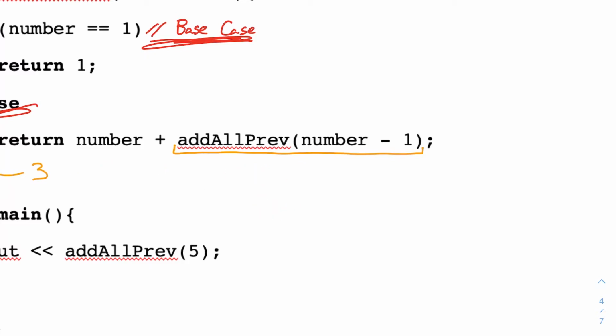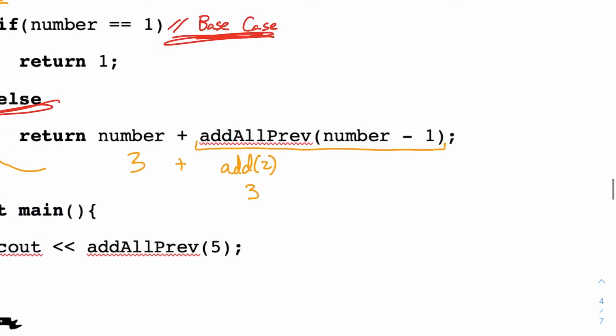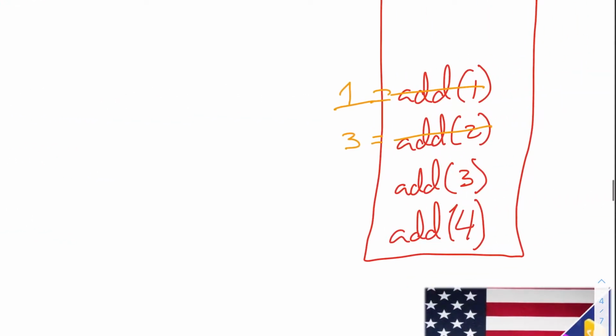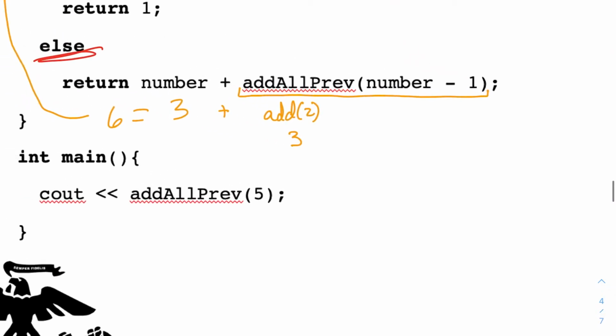So the number equals 3, and we just called on add of 2, and we know add of 2 equals the value of 3. So 3 plus 3 equals the value of 6. So this gets popped off the stack, and this returns the value of 6 back to the user.